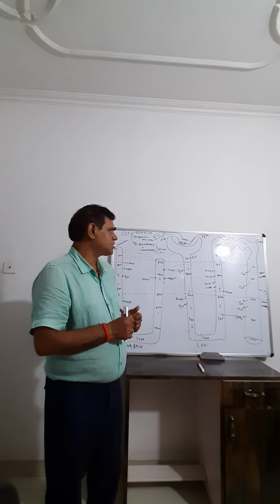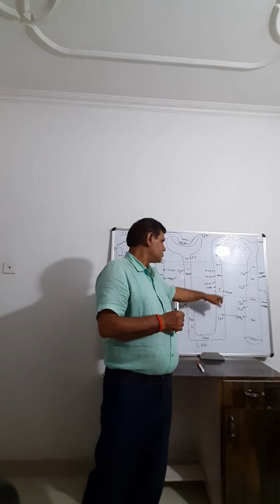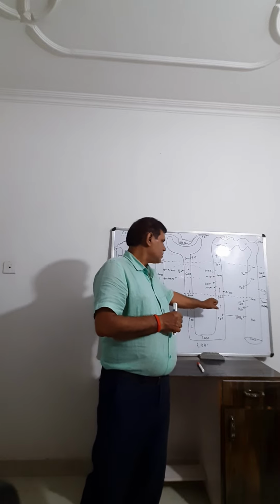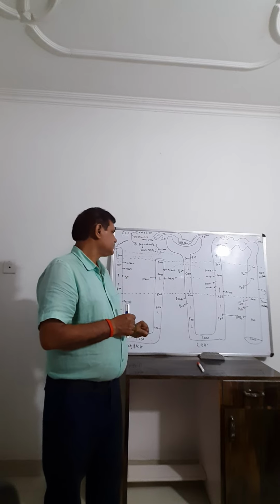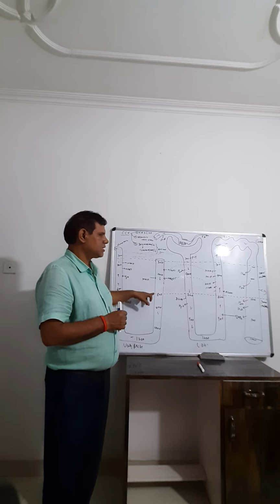The second osmolyte is NaCl. NaCl is transported from the ascending loop of Henle to the descending part of the vasa recta.